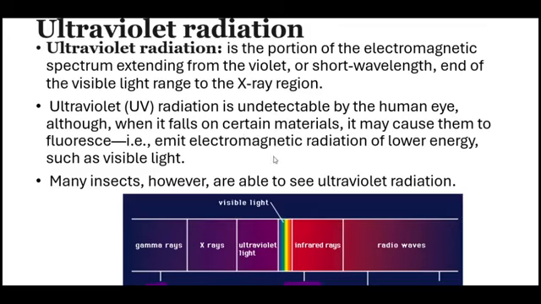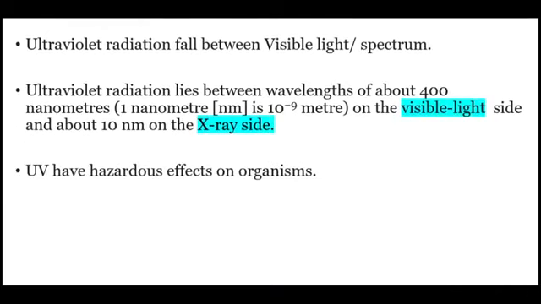The ultraviolet radiation is undetectable by our human eyes, and many insects, however, are able to see ultraviolet radiation. The gamma ray, the X-ray, the ultraviolet is next, between the X-ray and the visible light.